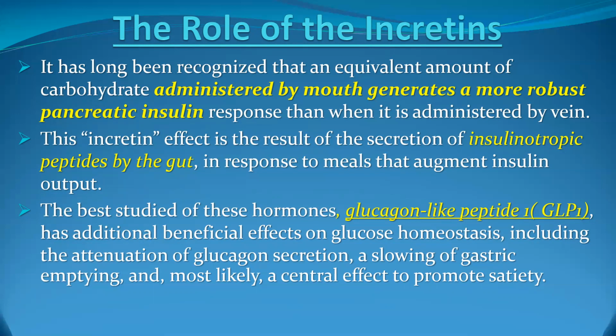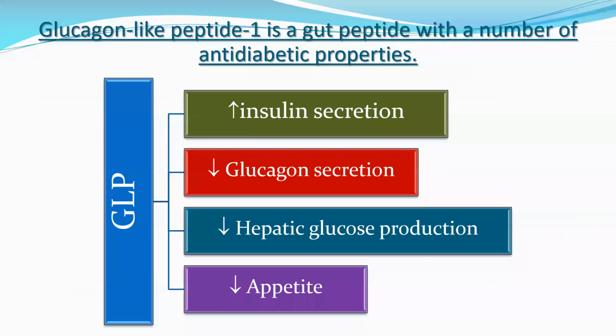These are called incretins. The prototype of them is a very famous incretin called glucagon-like peptide. Now, what are the actions of glucagon-like peptide, which is released from the gut after a carbohydrate load? Number one, it increases insulin secretion, it decreases glucagon production, it decreases gluconeogenesis by the liver, and it suppresses appetite.